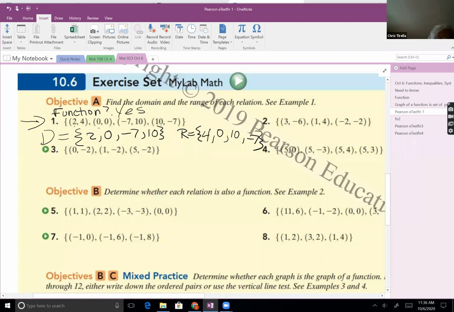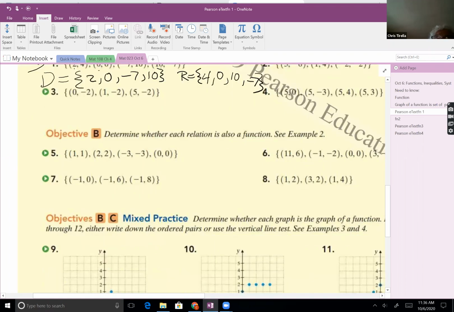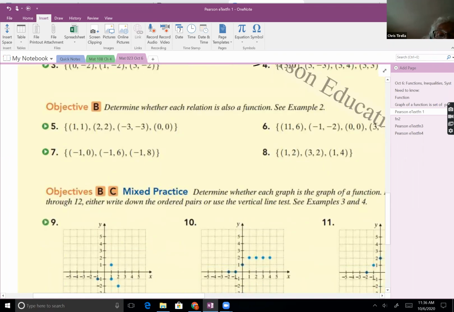Let's look at number 8. Down here, number 8, what would you tell me the domain is? The x values are 1 and 3. Beautiful. What would you tell me the range is?